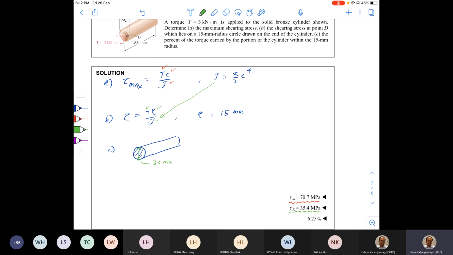We can find out the shear stress tau d, the maximum shear stress at that point, as Td into rho d over Jd.